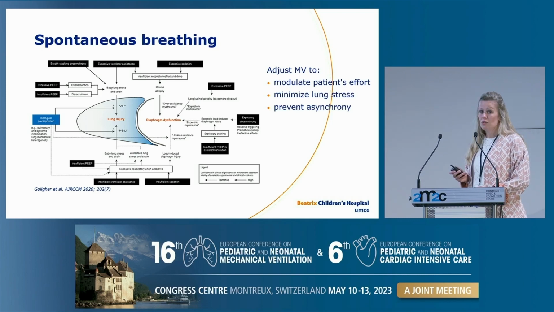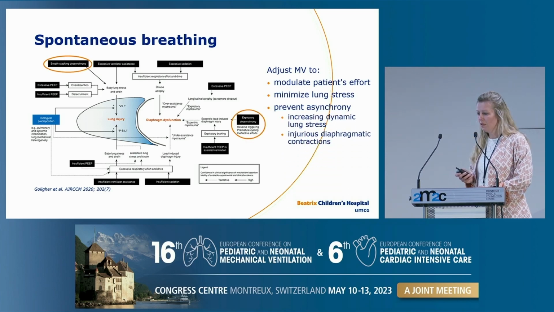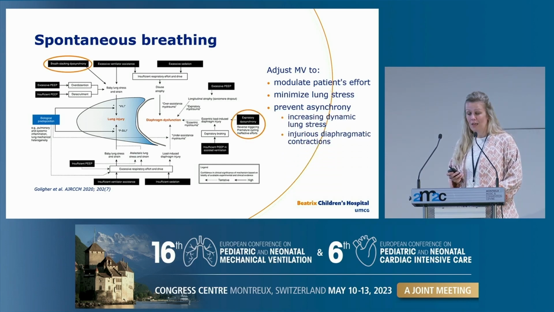It is suggested to adjust the mechanical ventilator to modulate the patient's inspiratory effort, to minimize the dynamic lung stress, and to prevent asynchrony between the patient and the ventilator. Patient-ventilator asynchrony can induce lung injury and diaphragm injury by increasing the dynamic lung stress and injurious diaphragmatic contractions.